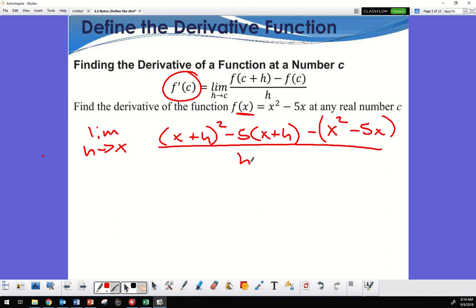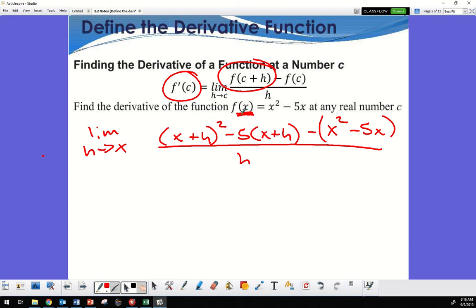Okay, so this one right here says every place I have an x, I'm going to put in c plus h. But in this case, my c value is x, because that's what I was stating with this information right here. So it's a limit as h approaches x. Remember, x is c.